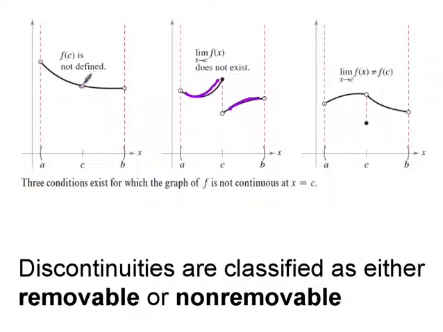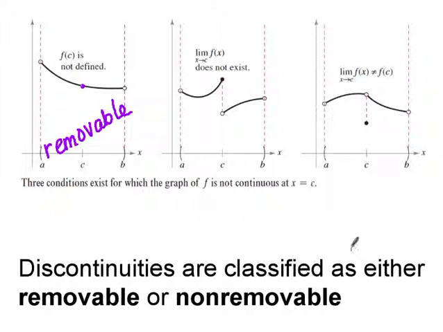If I put a dot right here, would you agree that there are no breaks in the graph? I could walk along that graph and not fall. So this is what we call a removable discontinuity, because you have removed it with your pen.